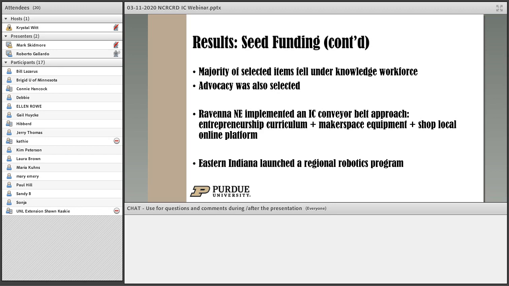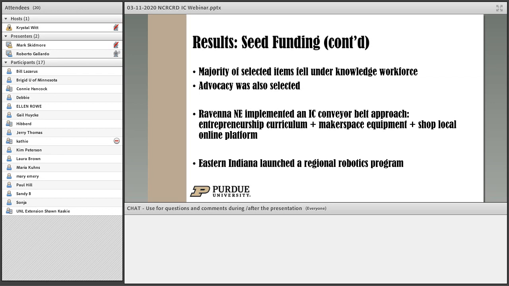But Ravenna, Nebraska also asked for some money for advocacy, which is another of the indicators, and so that was very interesting.